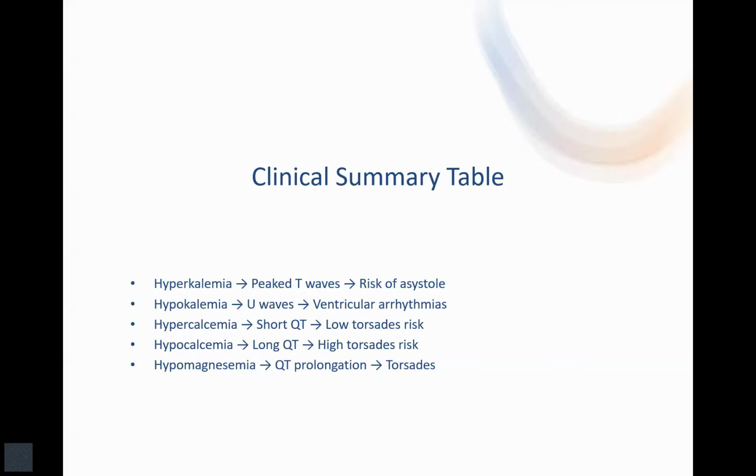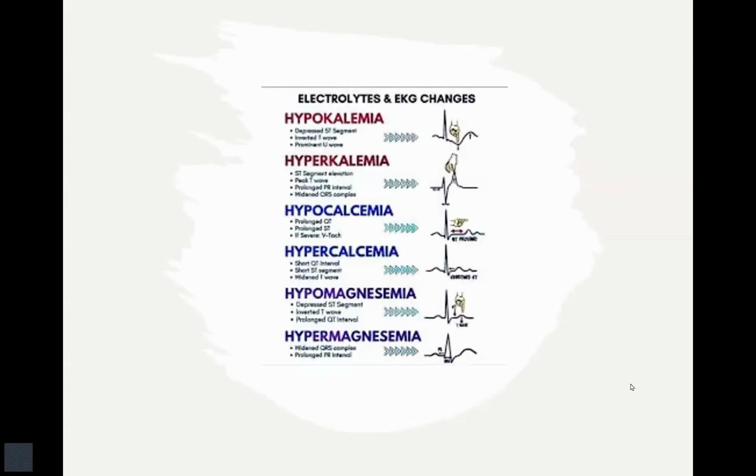Hypercalcemia, a shortened QT, low risk for torsades. Low calcium, long QT. So basically anything that causes a long QT, high risk for torsades. And hypomag, probably the most common one to cause this, is prolonged QT into torsades.